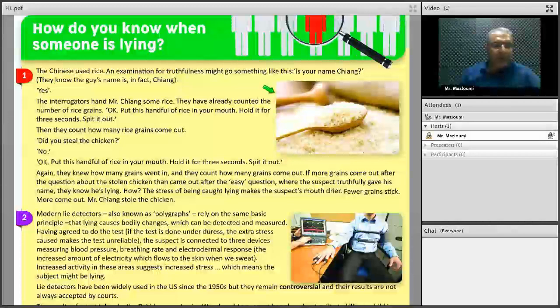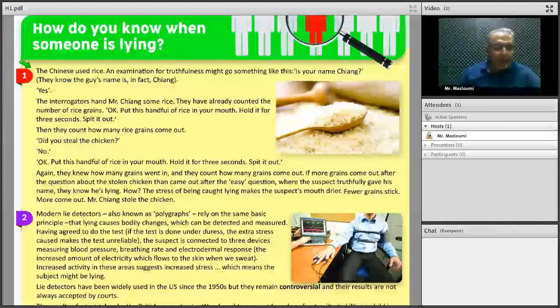For example, France, French. The French means people of France. Britain, British. The British means people of Britain, or the English, the Spanish, the Dutch, the Japanese. So, ancient Chinese, the Chinese used rice to know when someone is lying.